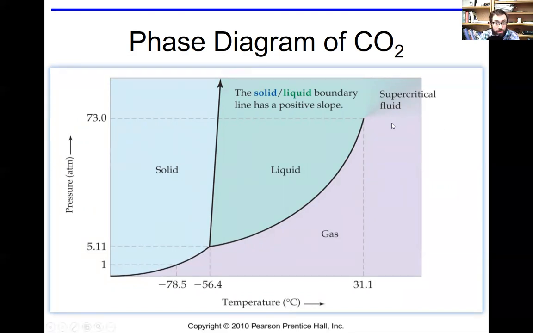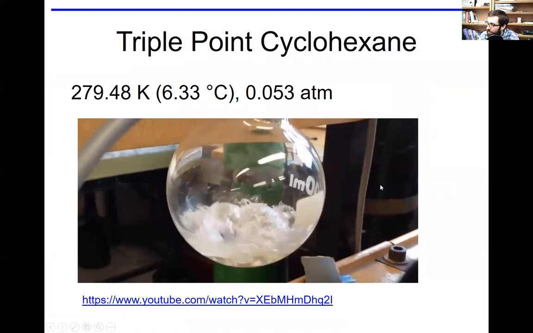There's also supercritical CO2, same type of thing. You can look at this really interesting YouTube video where they got it at the triple point of cyclohexane, which is normally a liquid at room temperature and pressure, but it's pretty crazy. It's boiling and freezing at the same time.